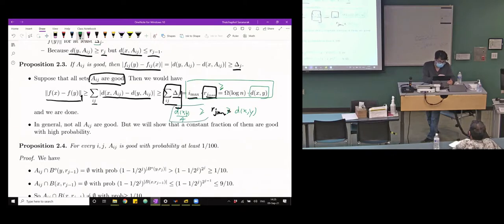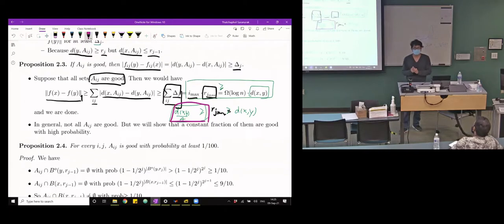This will not be true, but we'll see why we can adjust the proof and make it true. Okay. But if every set is good, then we are done. Now I want to prove that most of the sets, at least a constant fraction of the sets, are good with high probability. Let's say half of them are good.